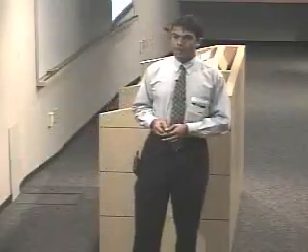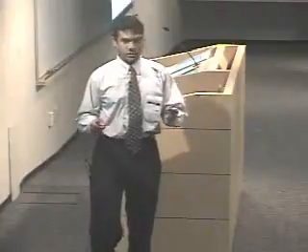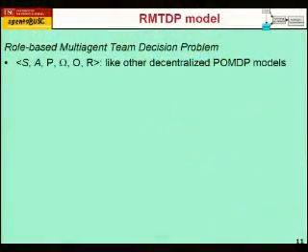The reward that is obtained is shared equally amongst the agents, and the goal is to find a mapping from the observation history of a particular agent to its action set. So we're trying to find local policies for each agent, and together they comprise the joint policy. And the complexity of finding the optimal such policy is non-deterministically exponential, and that's scary news.